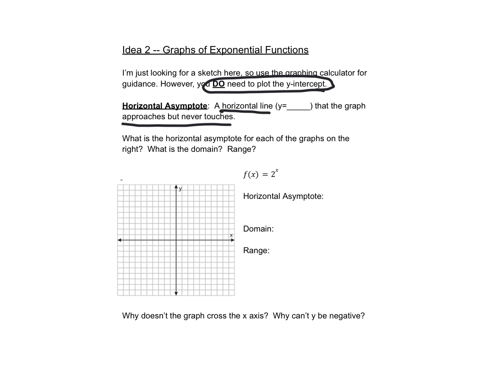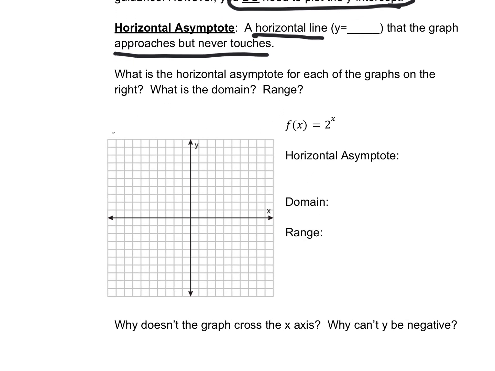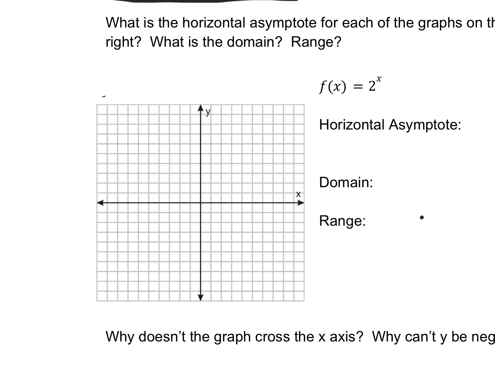So if we look at f of x equals 2 to the x, if you want to pause the video, take a second, put it in your graphing calculator, you should end up at a graph that crosses the y-axis, or y-intercept, at 0, 1.